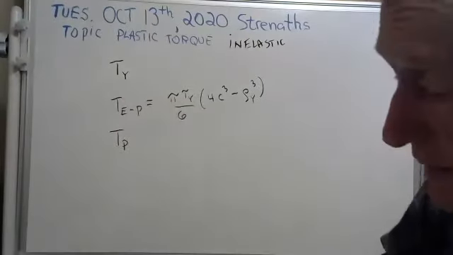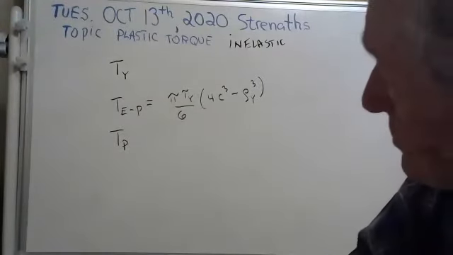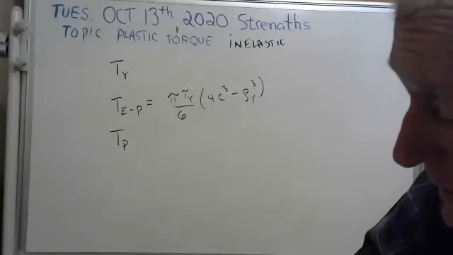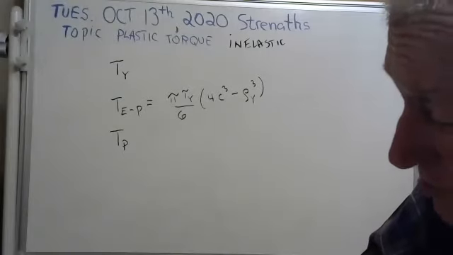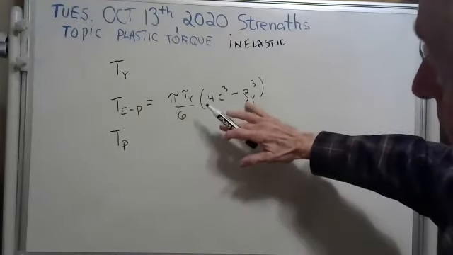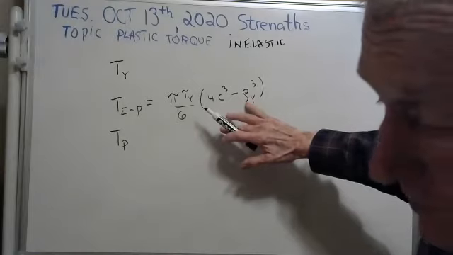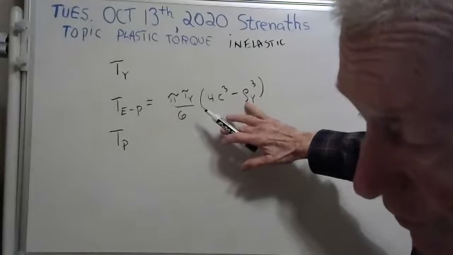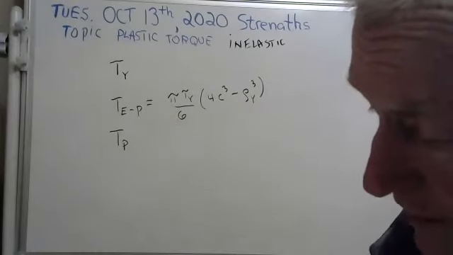This is called the maximum elastic torque. And what that is, where you don't have any rho sub y. You don't have any radius of, no. I got that backwards.